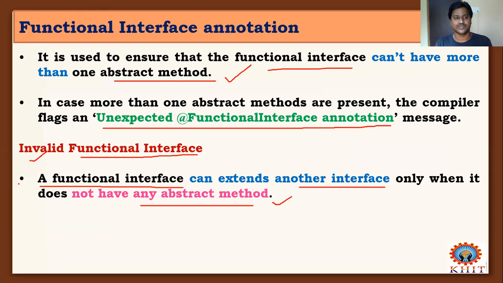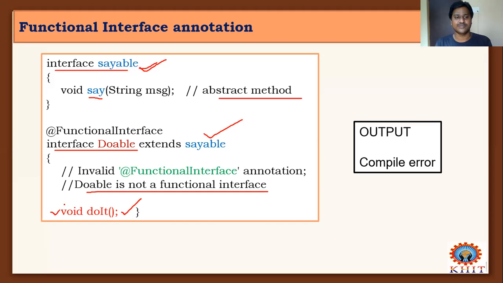That is the last point: a functional interface can extend another interface only when it does not have any abstract method. When it has one abstract method, then after extending, it would have two abstract methods, say and doIt. That is a complete violation of the property called functional interface, so it gives a compile error at compile time. When we are implementing inheritance, or extending the properties of one interface by another interface, this point needs to be remembered.